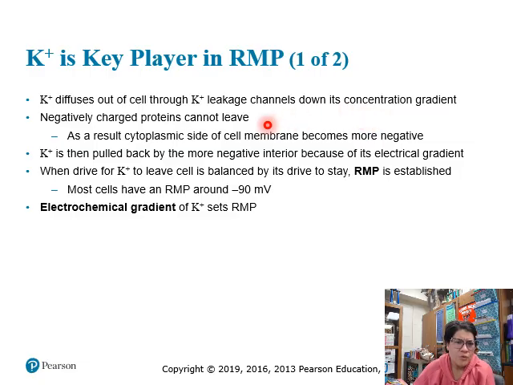And so that's going to make the inside of the cell more negative because the K plus is moving out, and then once the charge is going through it, the K plus is going to be pulled back in, and that's going to make the inside more positive.